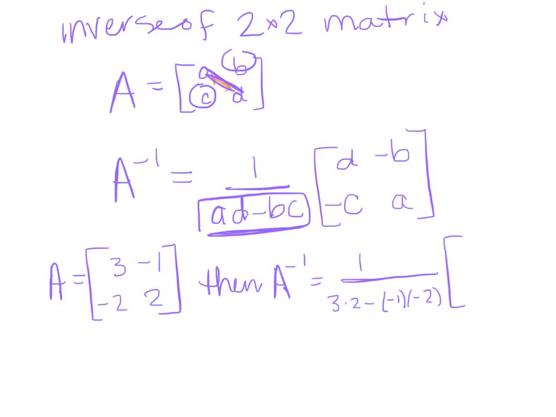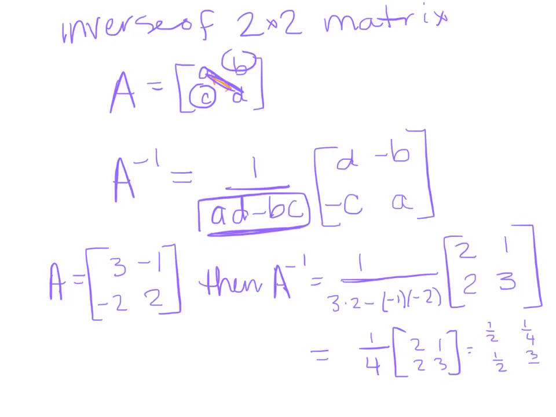I'm going to switch the diagonals that go this way, and I'm going to add negative signs to the others, so negatives turn into positives. And let me clean it up a little bit. 1 over 6 minus 2, 4, times [2, 1; 2, 3]. So this is [1/2, 1/4; 1/2, 3/4], which is A inverse.